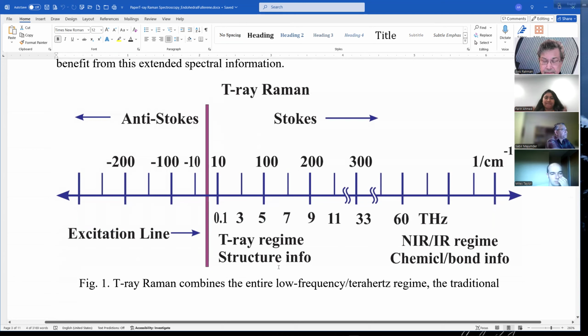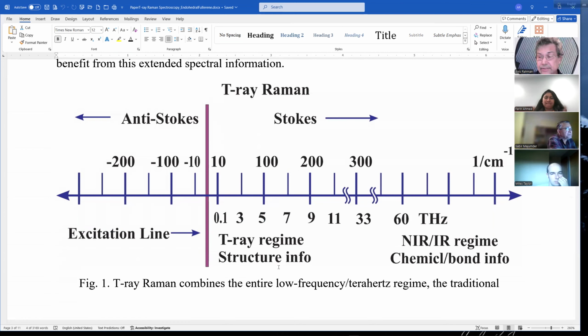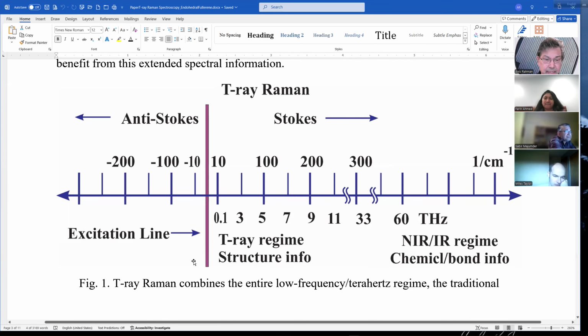In T-ray, the difficult part is that when you do regular Raman, you have a single wavelength laser as the reference line or excitation line. In the case of T-ray, as you have seen in the T-ray spectrum, it's a broadband spectrum, so there's not a single excitation line.